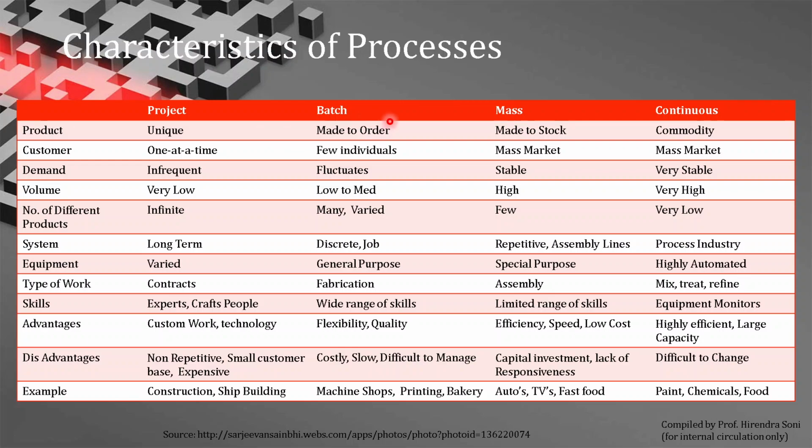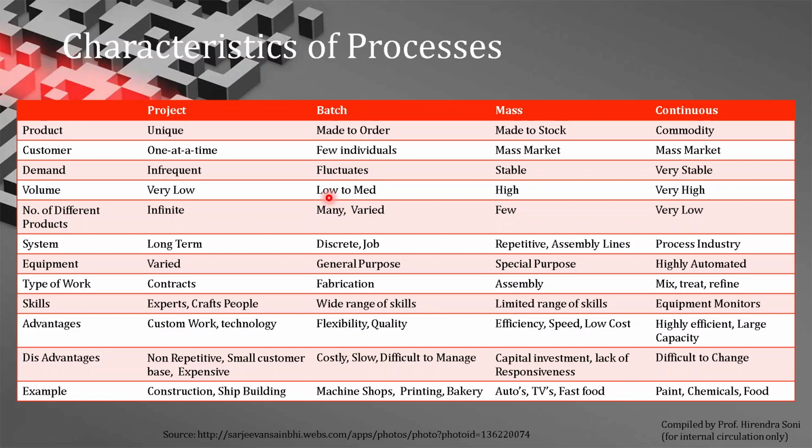When we talk about batch, quantities would be there. That means every batch will be comprising a number of items, but having the same specifications. The demand will be fluctuating.